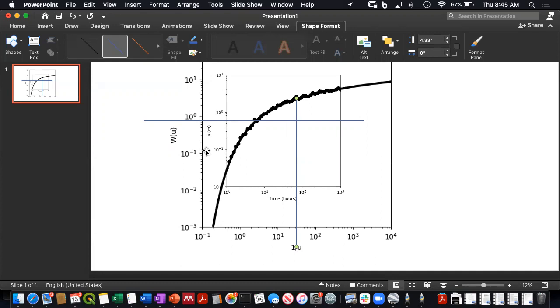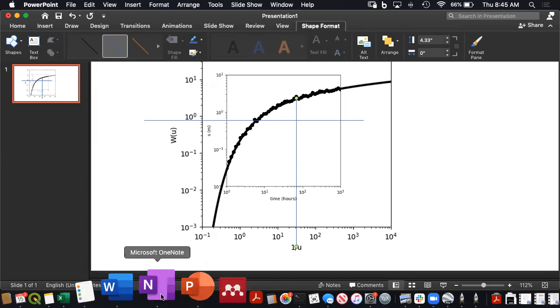On a log scale, that means this is 0.2, 0.3, 0.4, 0.5, 0.6, 0.7. So W(u), let me start writing out the Theis curve.